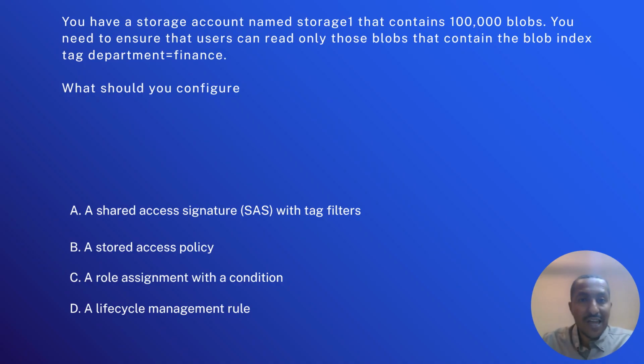C, role assignment with a condition. Azure ABAC can use conditions that reference blob index tags. You can grant a data reader role and add a condition expression that allows access only when the blob has the tag department equals finance. This exactly aligns with the requirements.